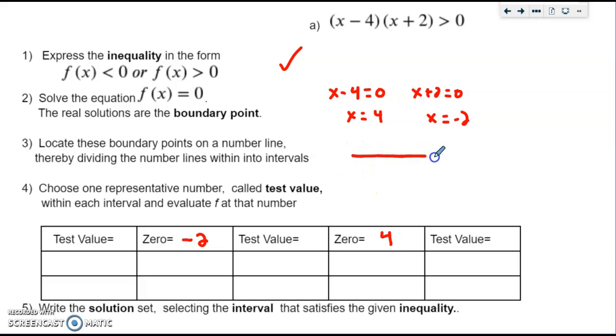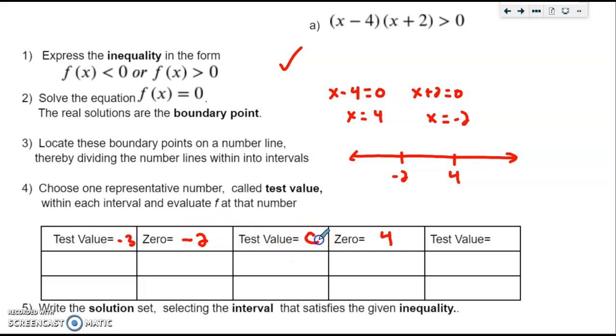What I'm going to do next is make a number line, and I want to find the values that make this inequality true. The two zeros I have are negative 2 and 4. So I'm going to identify some test values. A value that's less than negative 2, like negative 3, works.